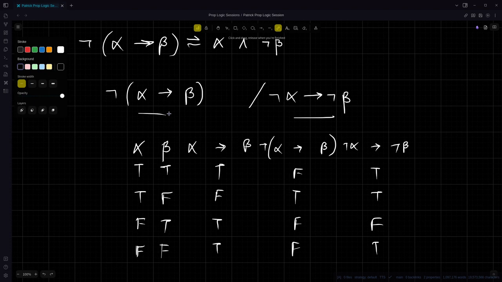But can I use the rule inside the brackets? Yes, you can use the rule inside the brackets. Remember we used rules inside the brackets last time when we were doing the proof for hypothetical syllogism, where we created a conditional and then did a modus ponens.